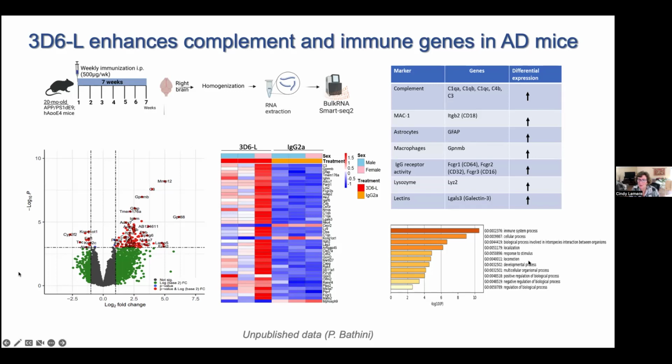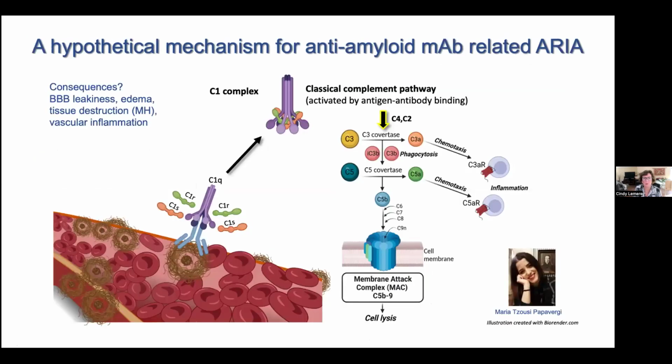The large part of the focus here is really that there's a huge change in the immune system with anti-amyloid immunotherapy. We are now looking at leptomeningeal changes and endothelial changes, and Praveen is in particular focused on pericyte changes. But it'll be a while before we have that data.